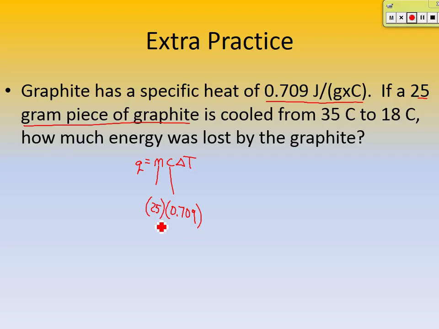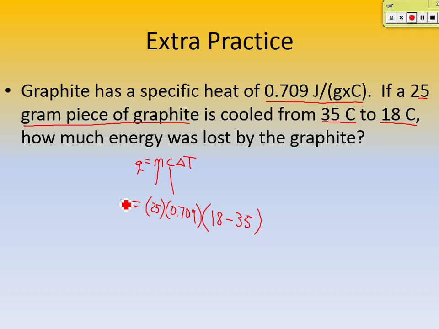Okay. And it says it's being cooled from 35 degrees Celsius to 18. So guys, what's my final temperature here? Isn't my final temperature 18? And my initial temperature was 35? Did you guys get that right? That's the kind of tricky part about this problem.